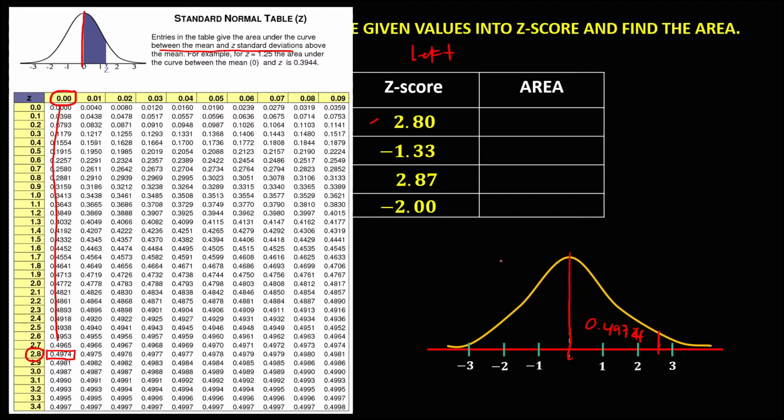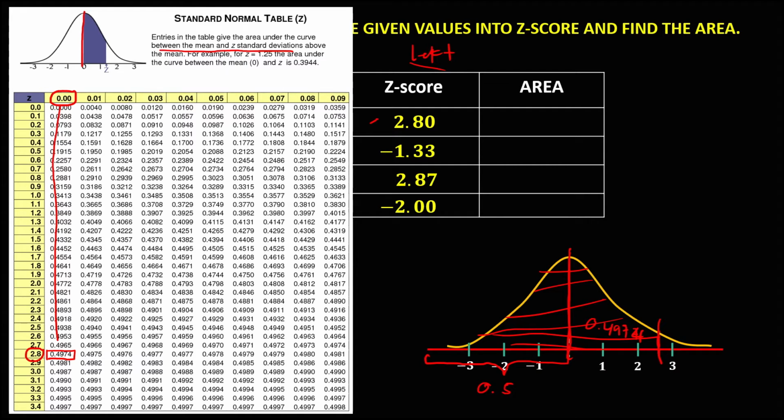So this area is 0.4974. But since we're looking for the area to the left, this is the unknown area, and this 0.4974 is only this area. And take note that half of the curve, the area is 0.5.